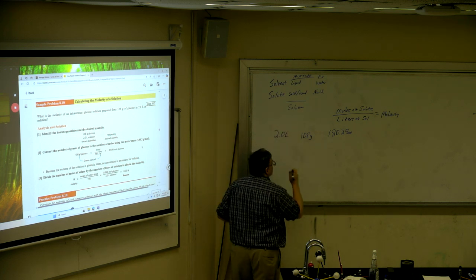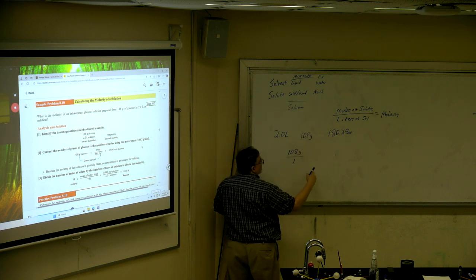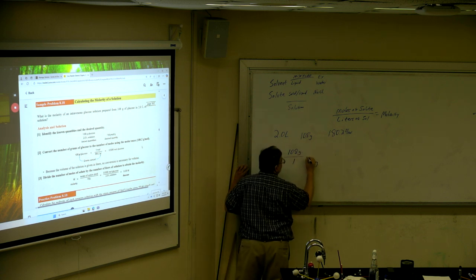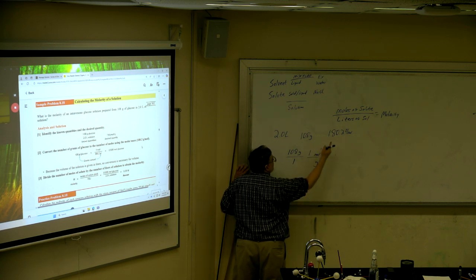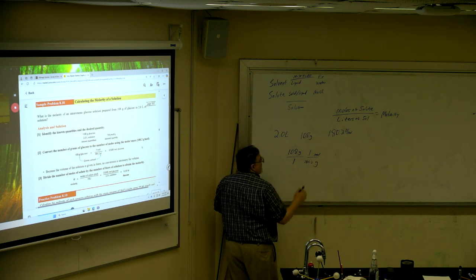All right, so we would do this. Grams. Okay, now we're going to use the grams per mole like this, so the grams cancel. So 1 mole of glucose is 180.2 grams. All right, now we have moles.